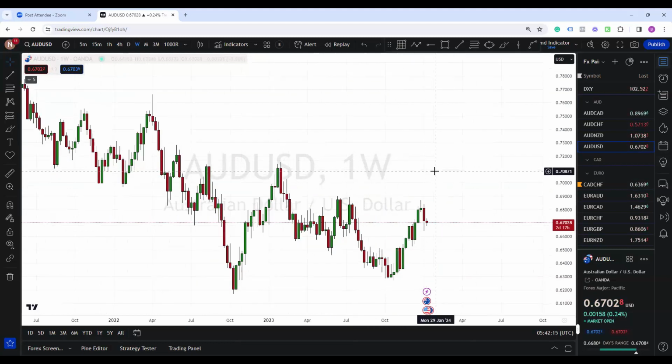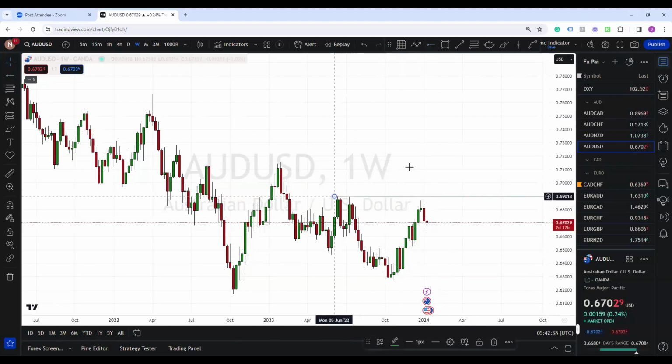Now tell me what you see on this Aussie dollar weekly chart. I see it as bearish, going down. The resistance is somewhere near July, around there. And the support will be the bottom one in October.